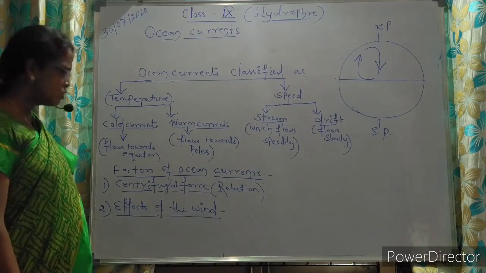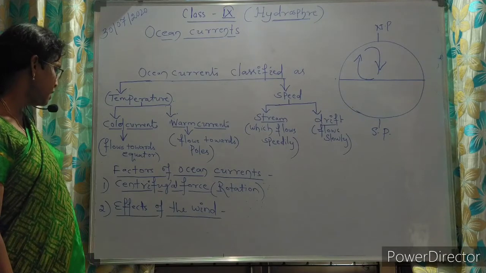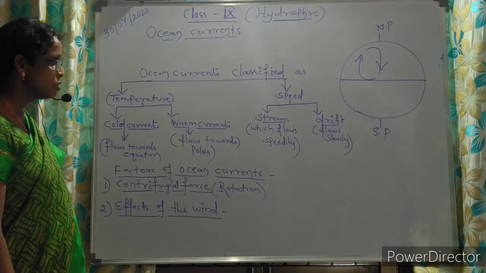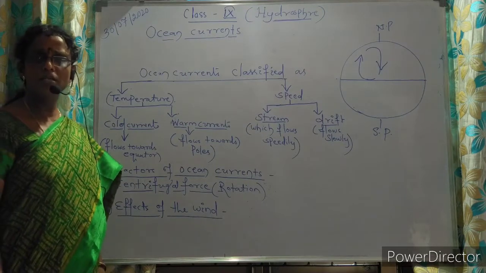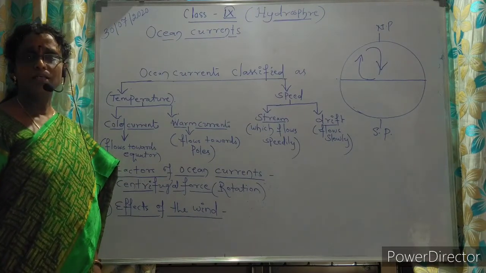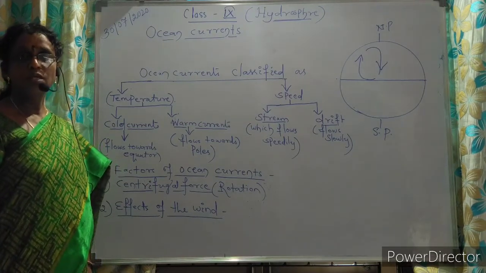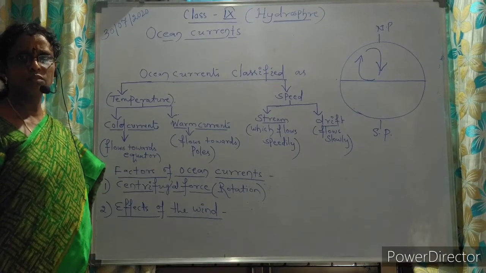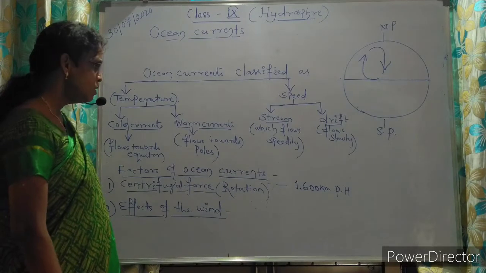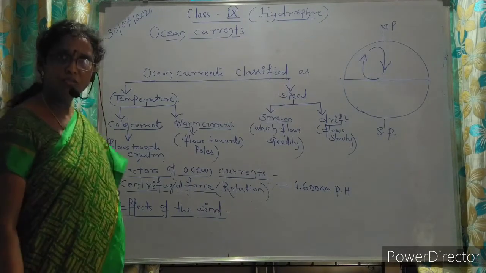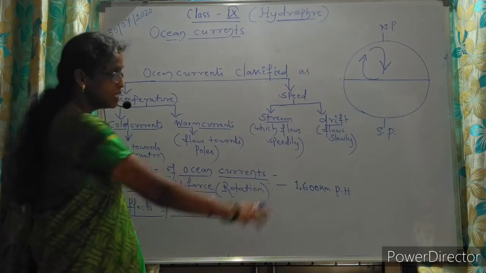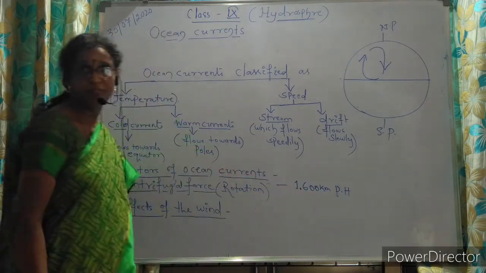And now let us go through the factors of ocean currents. The first one is centrifugal force, or rotation. You can call it rotation also, due to the effect of rotation. The earth rotates from west to east with a maximum speed of 1600 kilometers per hour.